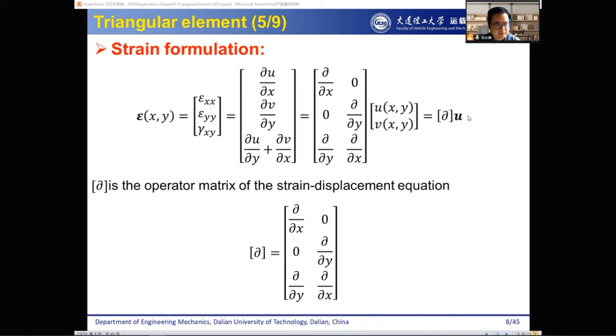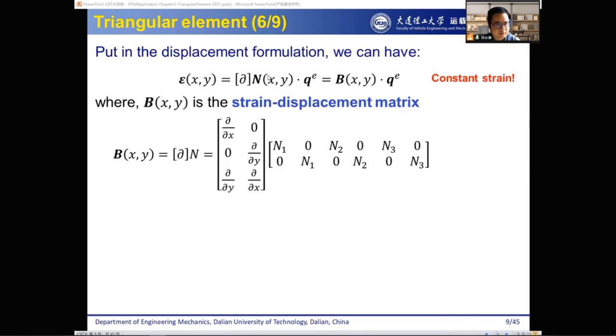Okay, we replace this displacement with the shape function times node displacement, and then we manage to write the strain in the triangular element in terms of B times q.